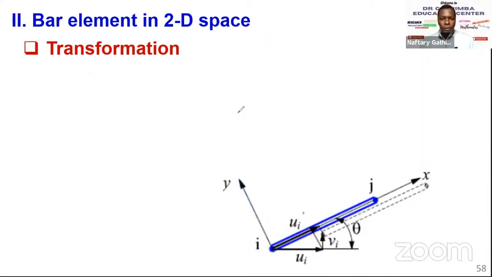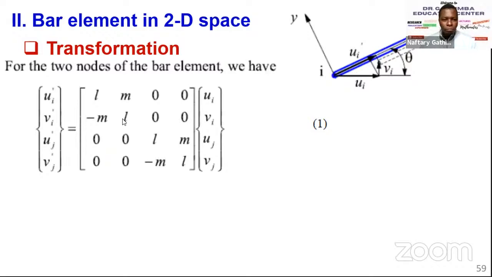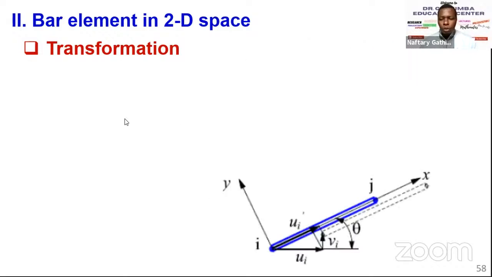So let's now move here. Right, before I move from this, we said for a single node, the transformation matrix is equal to cos, sine, minus sine, cos.